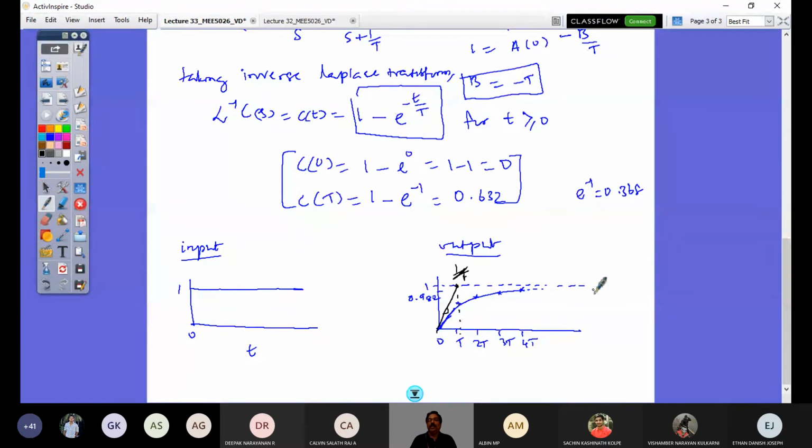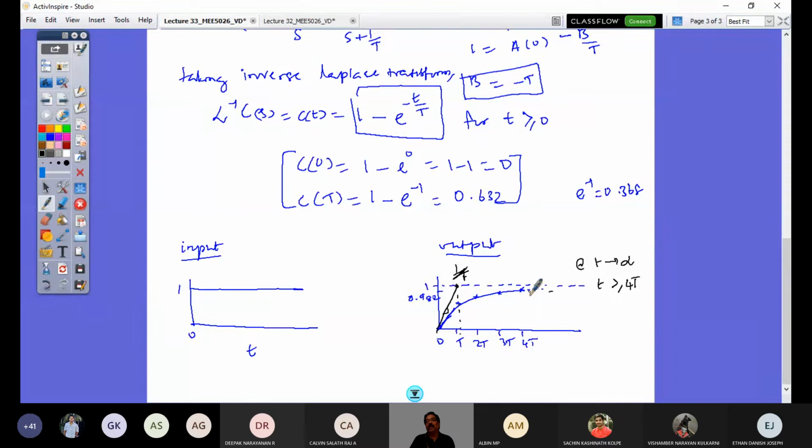If t is greater than or equal to 4T, you see that it has reached the final value of your step input within 2% error, within 2% of its final value. So there is a small error or it takes more time. You would see that it has reached the final state when the response is 98% and above.